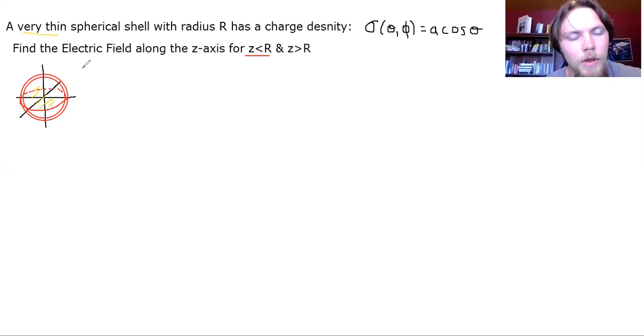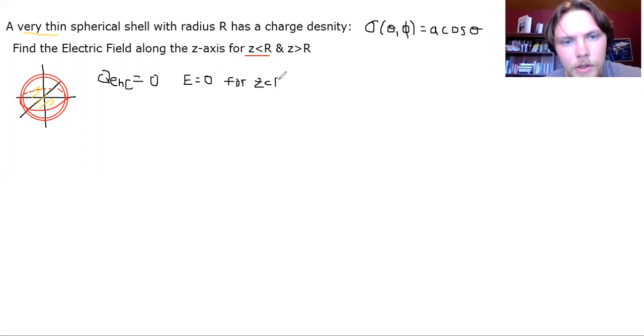So you can think of it as sort of like a conductor, or in other words, that inside the sphere, or z less than r, that q enclosed is equal to 0. And if q enclosed is equal to 0, that means E, the electric field, is also 0. So that's for z less than r.